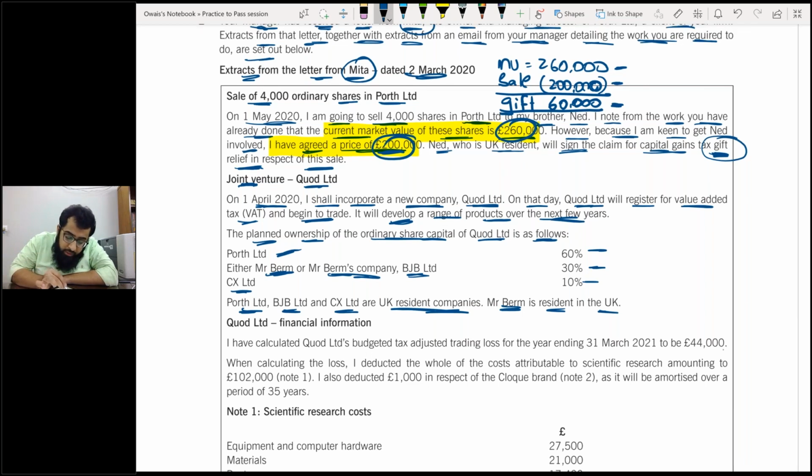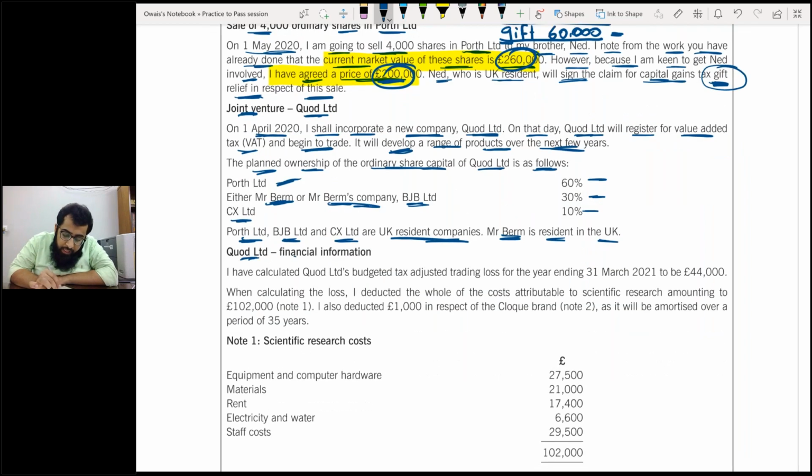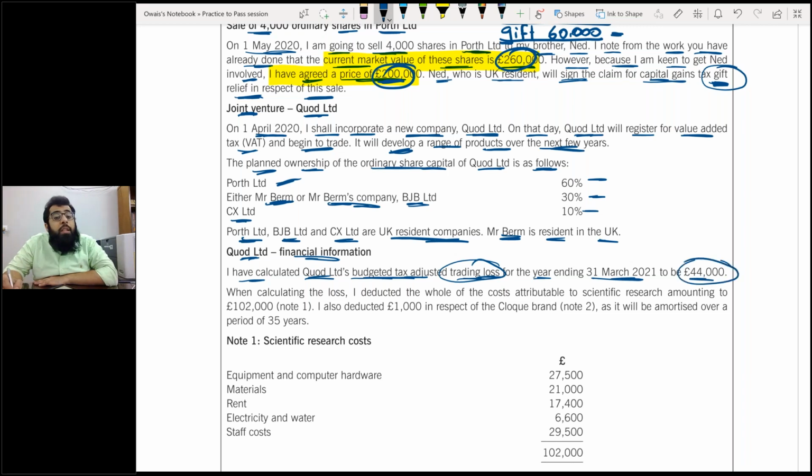Quad Limited financial information. I have calculated Quad Limited budgeted trading loss for the year ending 31st March 2021 to be £44,000. When calculating the loss, I deducted the whole cost attributable to research amounting to 102,000.